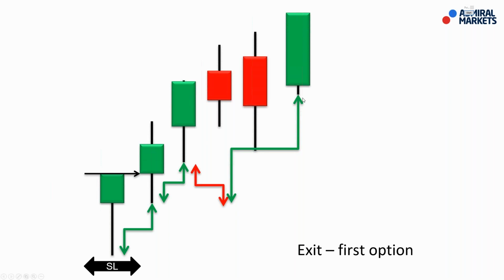You cannot lose money. And now the next candle shows you what happened: you are out, because your stop was placed below the last green candle, and here is a lower close. Now you are outside, but it's a winner.